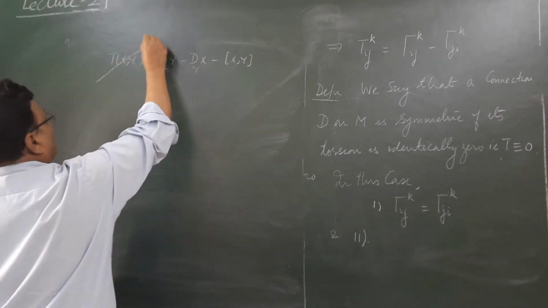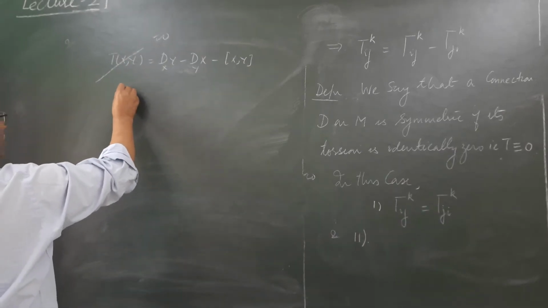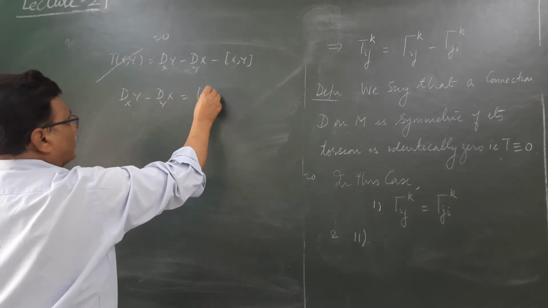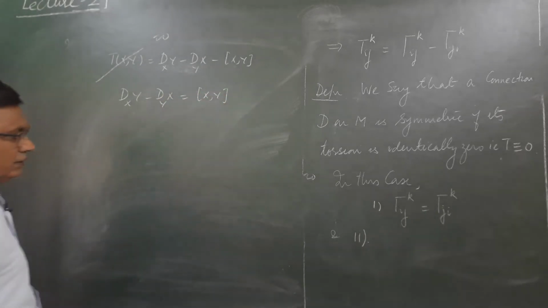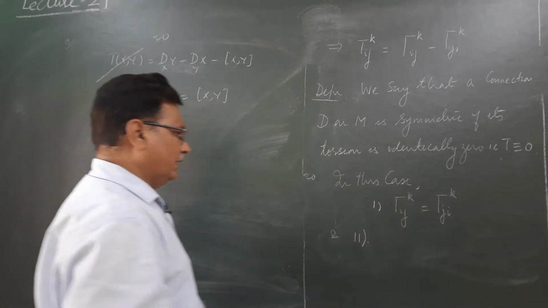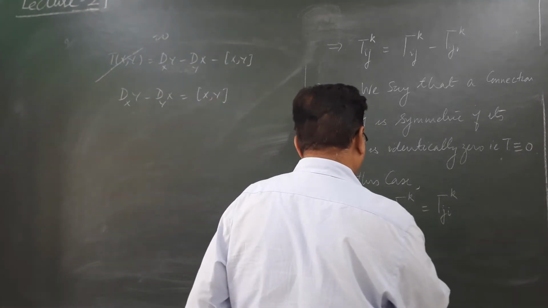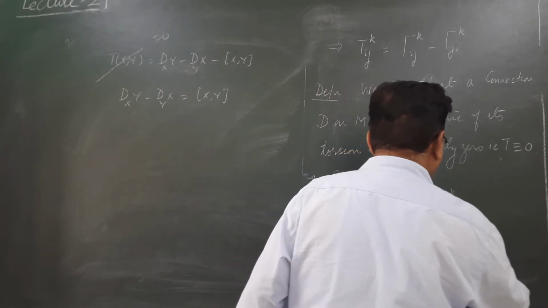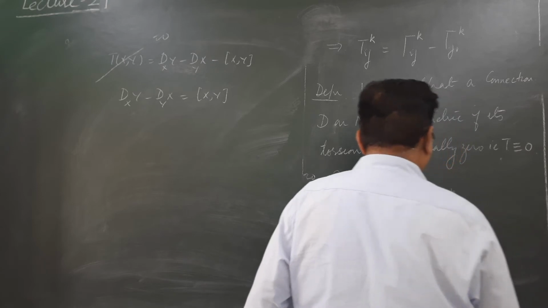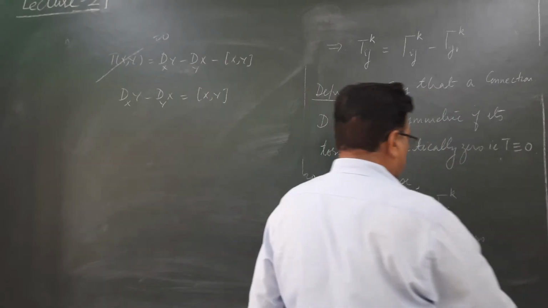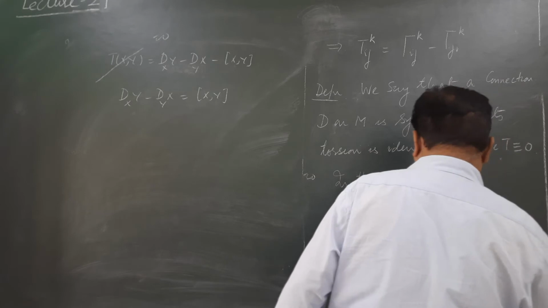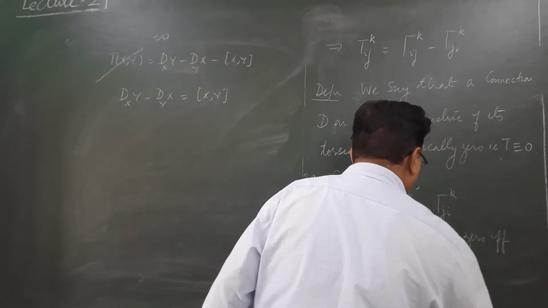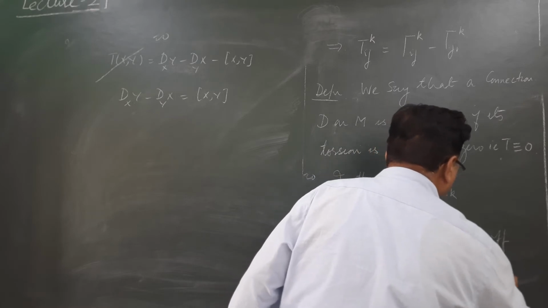Now, if torsion happens to be 0, then D_X Y minus D_Y X will be equal to Lie bracket [X, Y]. So at number 2: the torsion of the connection is 0 if and only if D_X Y minus D_Y X is equal to Lie bracket [X, Y].